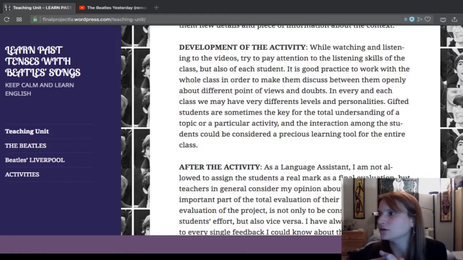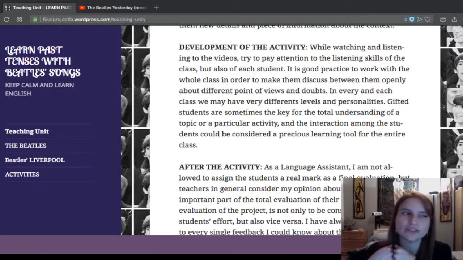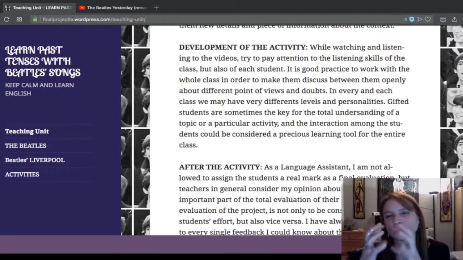And I found out that the interaction among all students is very important for them to understand the topic deeply, because normally in class we have very different levels, very different personalities, and working with the entire class and letting them discuss a topic is very useful from a teaching point of view.